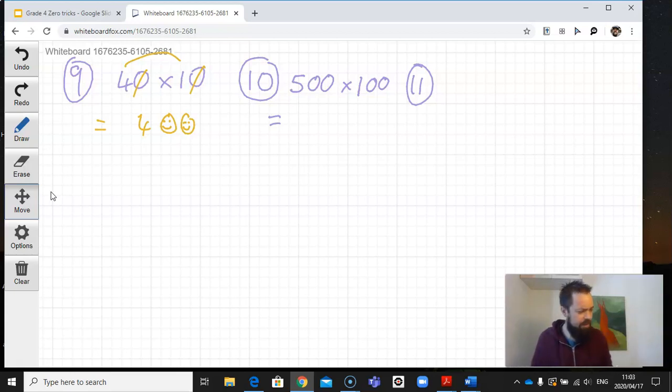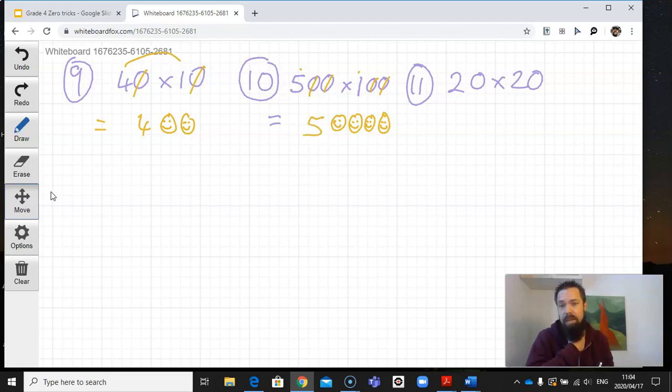Doesn't matter. Right, following the same pattern, 1, 2, 3, 4. I'm going to put 4 zeros down at the bottom. Then I'm going to say 5 times 1 is 5. And the answer to 500 times 100 is 50,000.